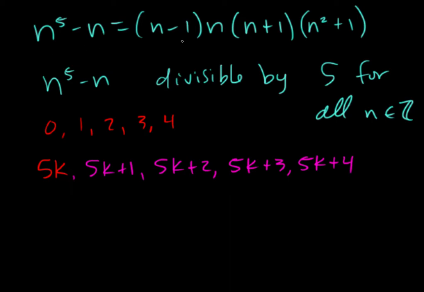Now, if we look at our original statement and set this equal to capital N, just to make it easier when we talk about it later in the proof, we're going to go through all of these possibilities. So if n is equal to 5k, then the factor n is divisible by 5, and so it is divisible by 5. So we don't really have to worry about it.